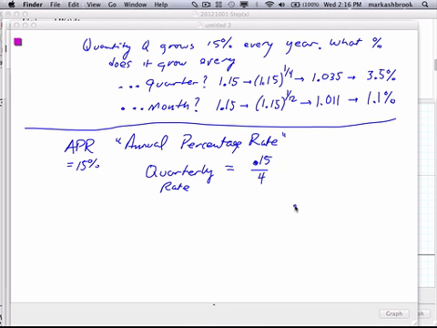So this violates everything we've established so far, but it's the way that banks do it. What is that? 3.75, so that's 0.0375.